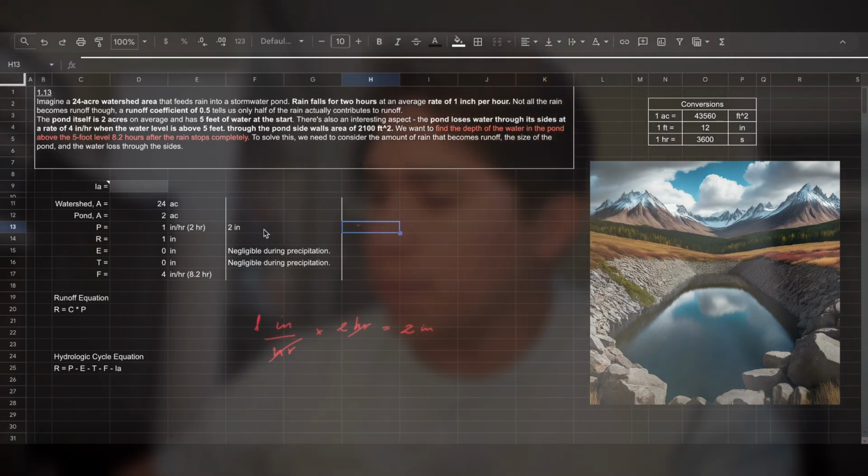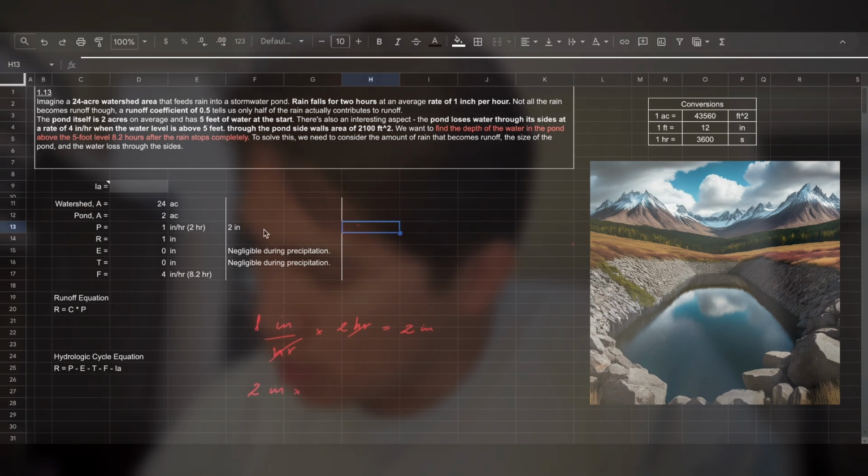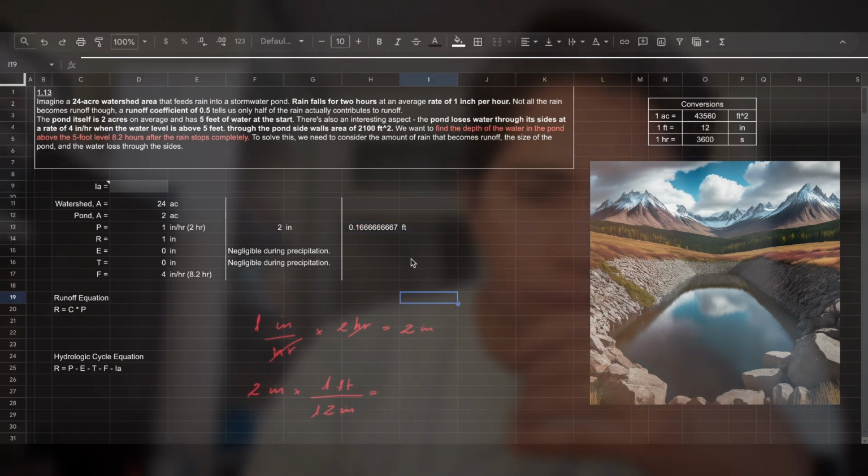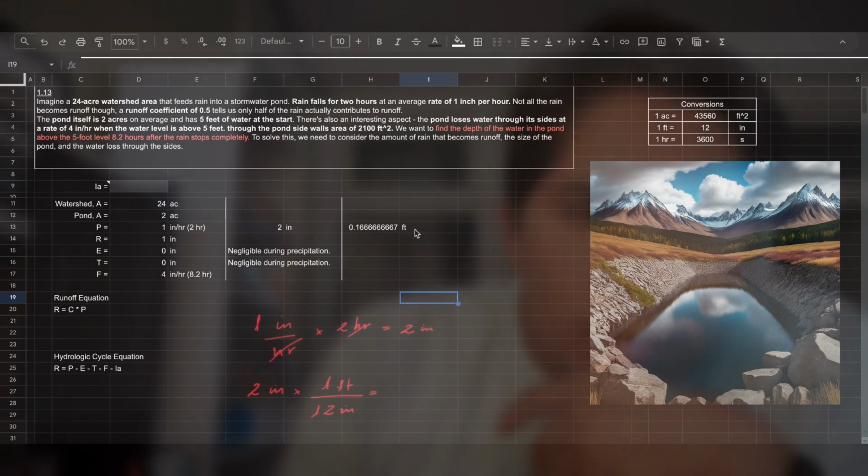So this is going to be 2 inches, and there are 12 inches in 1 foot, so it's going to be equal to 2 divided by 12. Okay, so this is the precipitation in feet.